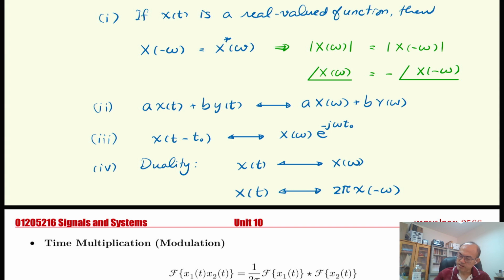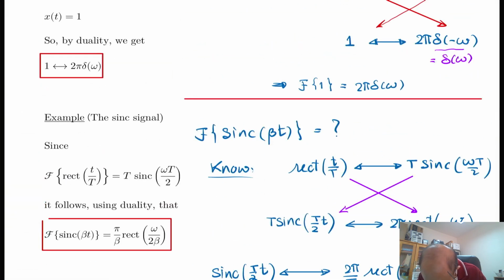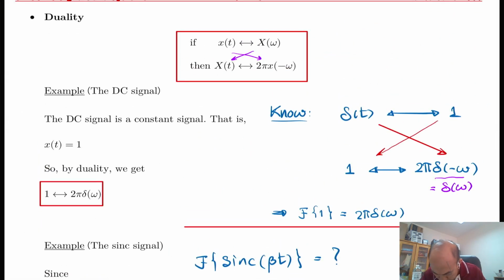So basically, we are bringing the two functions at the top down across to the left and to the right. That is duality.